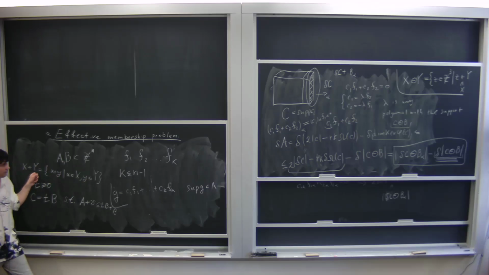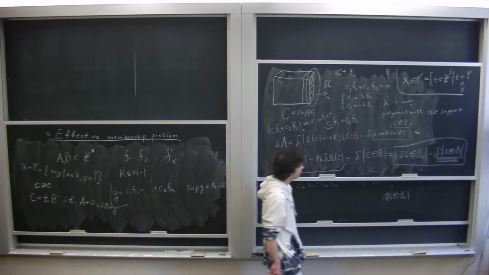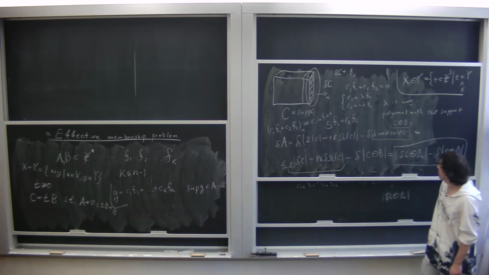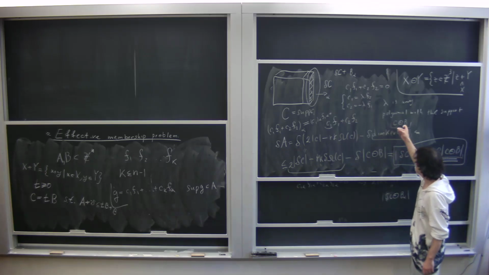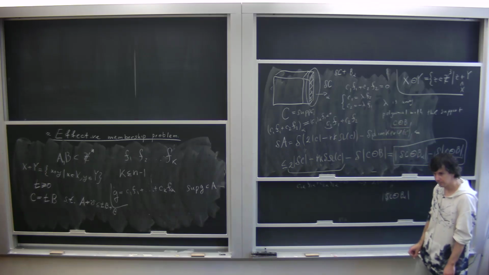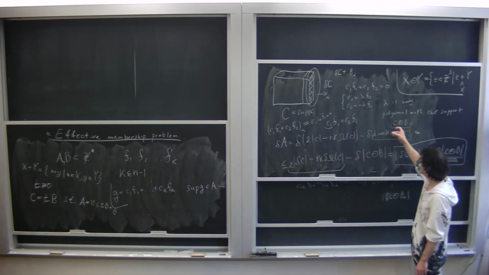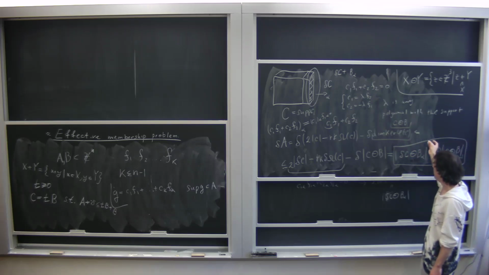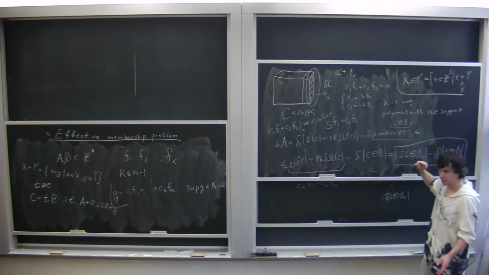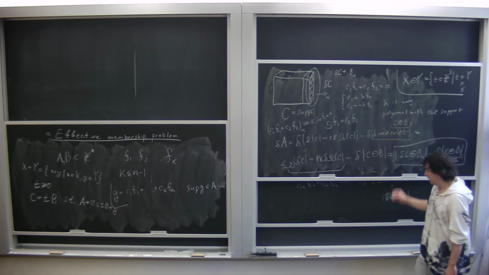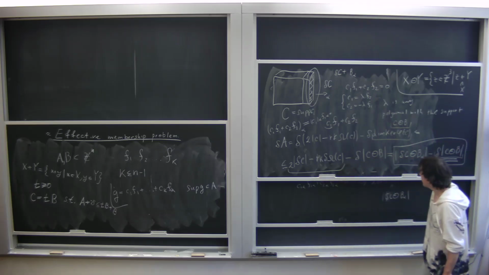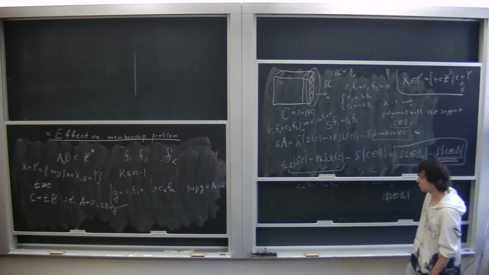Minkowski summation and Minkowski difference are sort of inverse to each other, because if you take C as a Minkowski sum of B and something else, and you subtract B, you will likely obtain A.